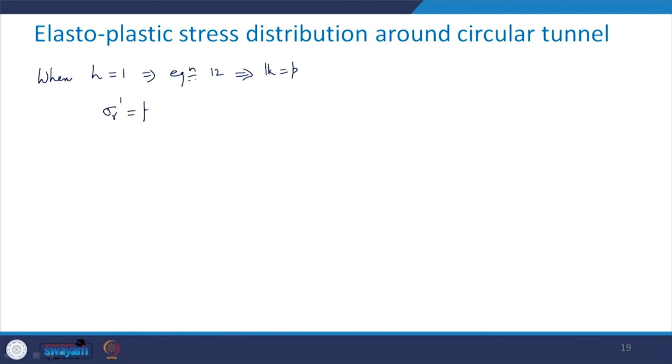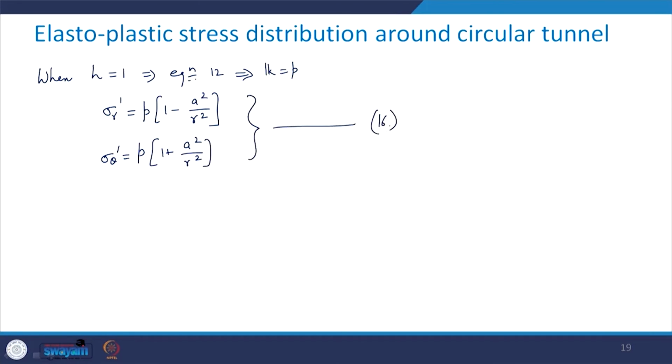That will be P times 1 minus a square upon r square, and sigma theta prime is going to be equal to P times 1 plus a square upon r square. This you write as equation number 16.